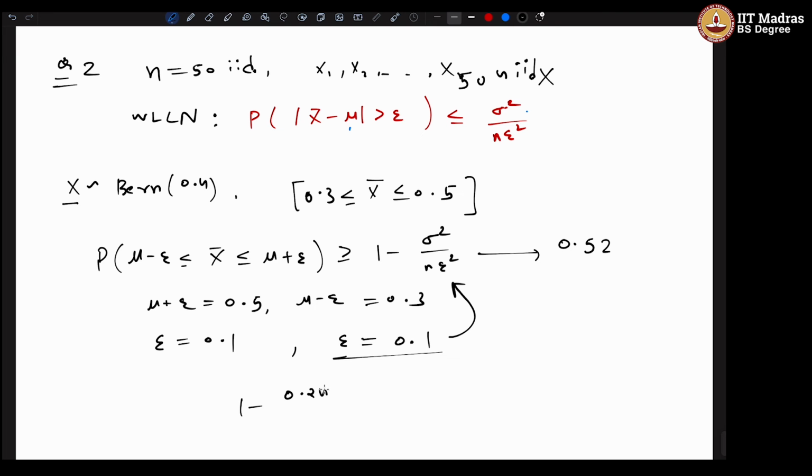So our sigma square will be 0.24, our n is 50, and epsilon square is 0.1 times 0.1, which is 0.01. By solving this, we will get 0.52. Hence, the second option is correct.